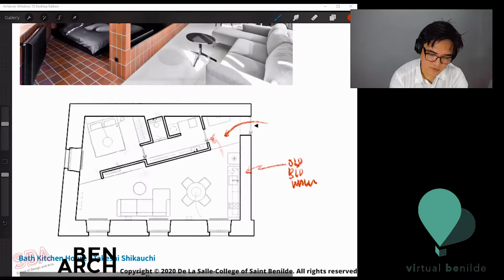This would serve as access for guests, so that the guest doesn't have to go through here. The shower area, this would be the water closet or toilet bowl.